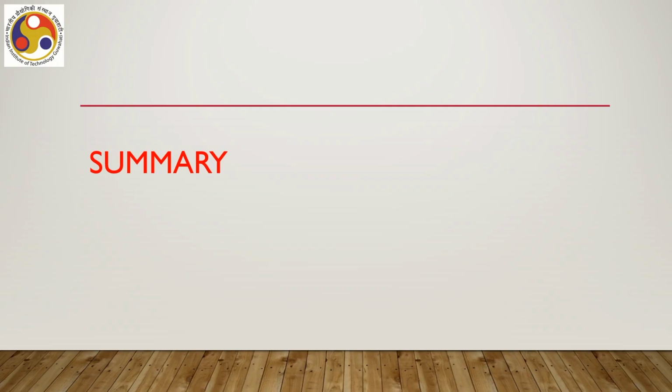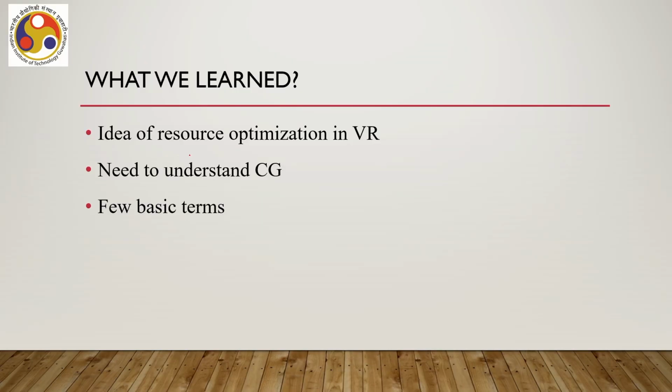So, let us summarize what we have discussed so far. We started our discussion on the resource optimization concept in XR and in particular in VR. We talked of different resources and the need for optimizing those resources. However, we emphasized that optimizing all resources may not be feasible or practical.